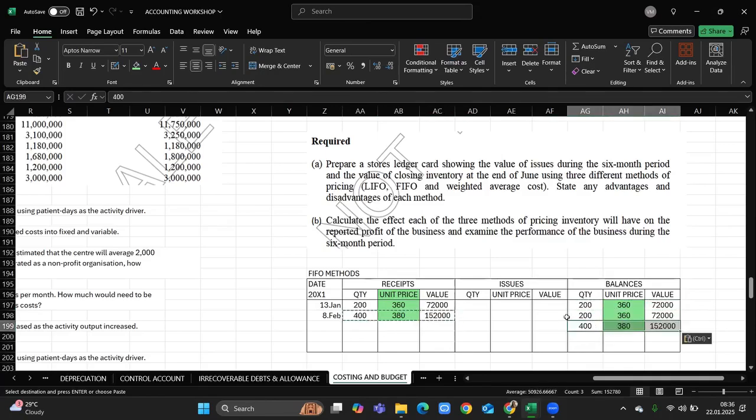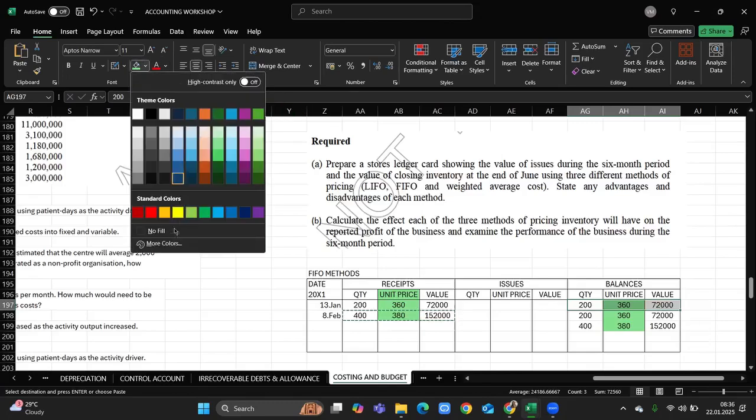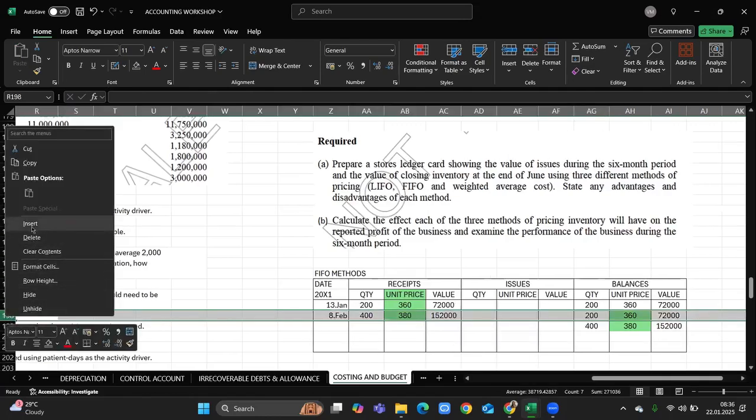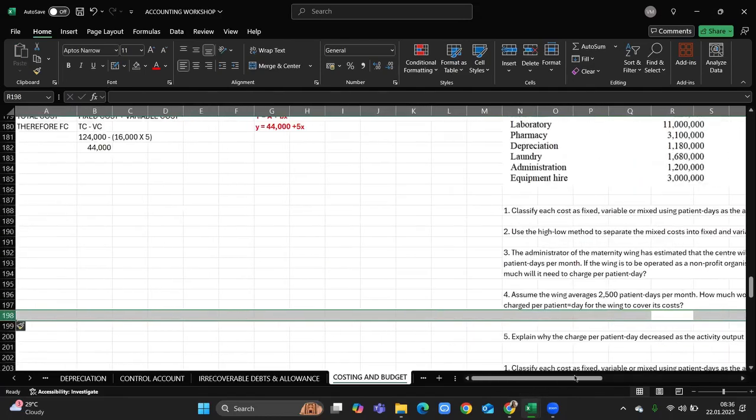So I will have to repeat this over here before I key in my 400. Because this is my opening balance. This is my February balance. Understand? But when I do my calculation, I won't take this because it's a repeated. But in my FIFO method of Excel entry, I have to key in.